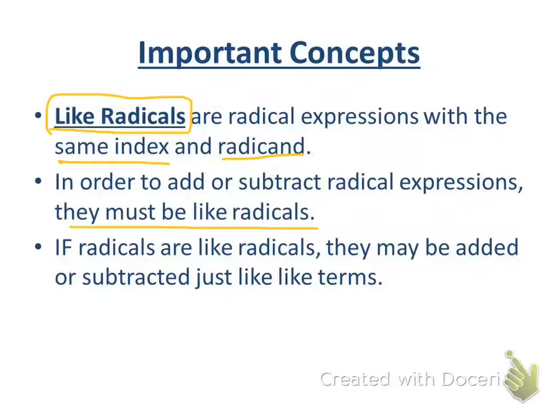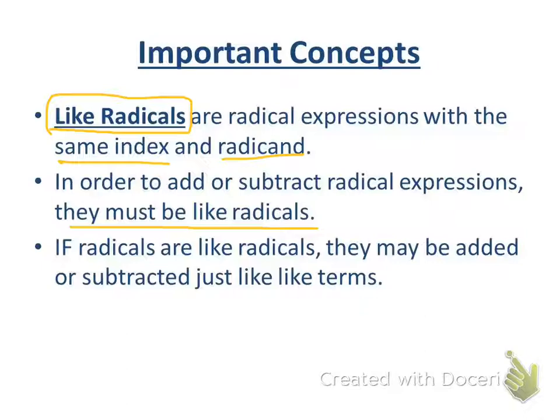Just like terms have to have the same variables with the same exponents. Remember that the index on a radical is an exponent. The square root is the 1/2 power. Cube root is the 1/3 power. So this is the same as like terms. Like radicals have to have the same index and the same radicand.